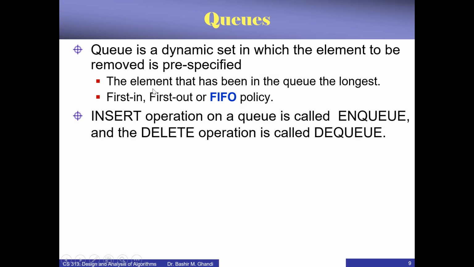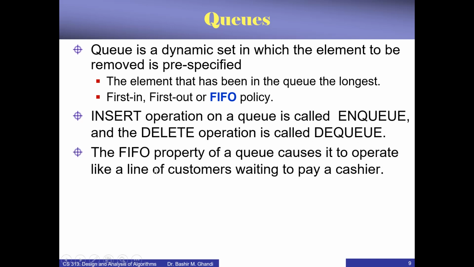Again, the operations of a queue have specific names. Instead of insert, we call it enqueue, and instead of the delete operation, we call it dequeue. The FIFO property of a queue causes it to operate like a line of customers waiting to pay a cashier, let's say in a supermarket.